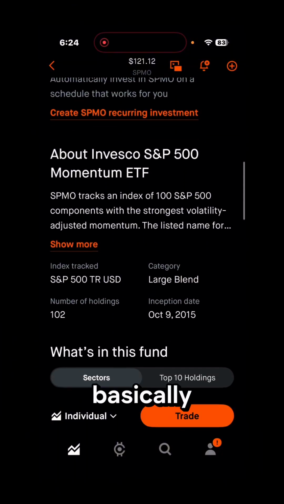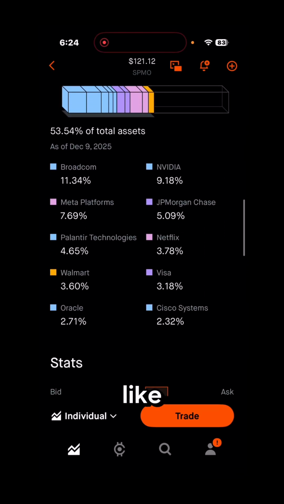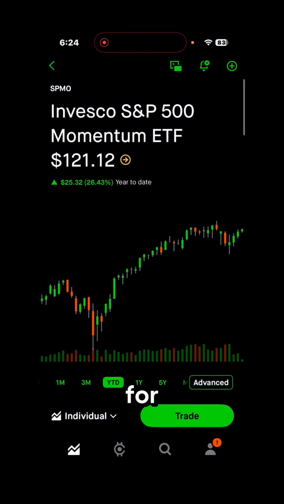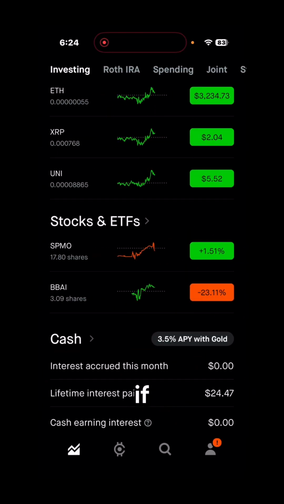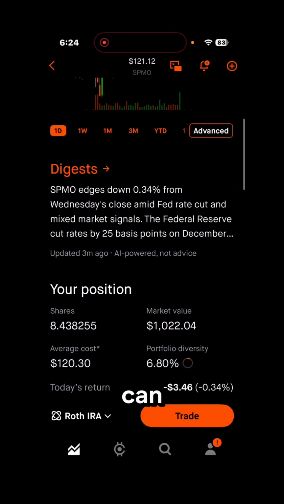So basically, I think it's either every 6 or 3 months they switch into companies that they think are going to take off, and they've done pretty well for this year to date. So I have it in kind of my taxable brokerage, but if I go to my Roth, I also have a little bit.